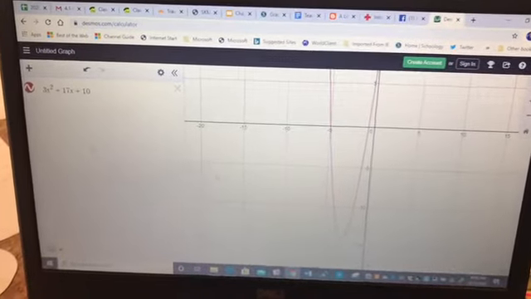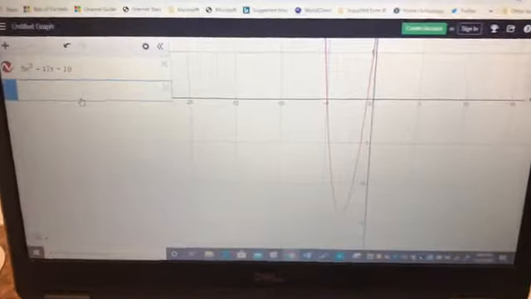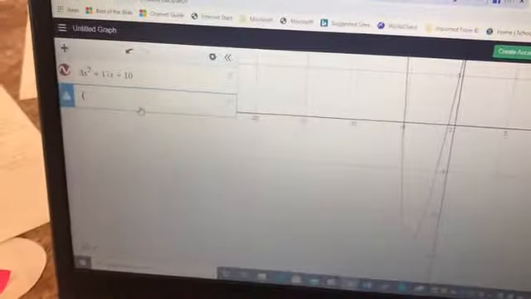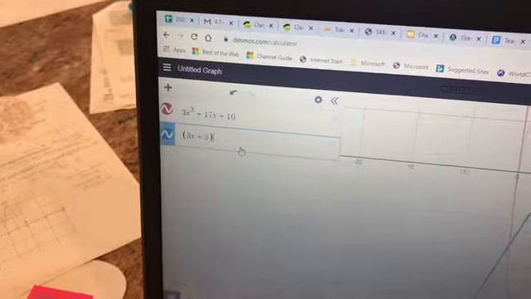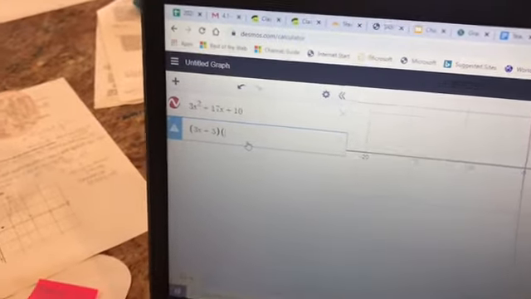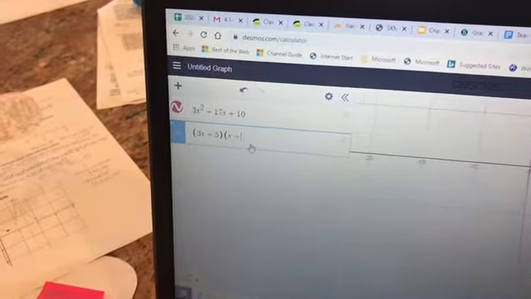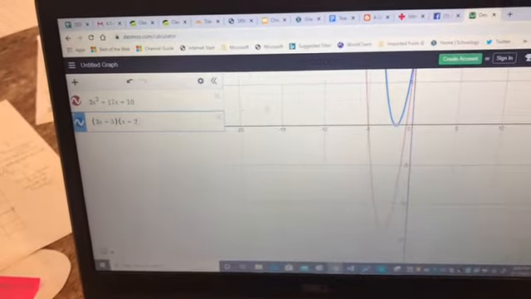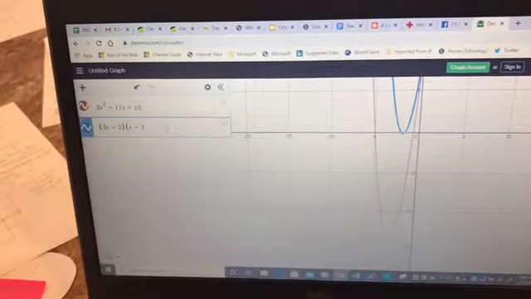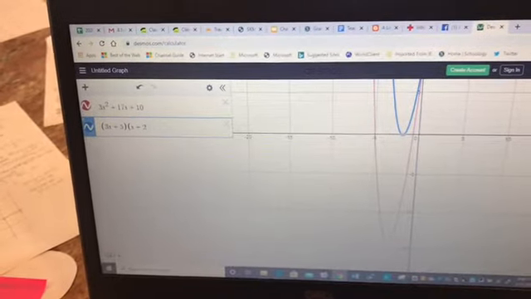But if you have the answer in factored form, you can type in parentheses 3x plus 5, close the parentheses, and then put another set of parentheses and do x plus 2. I see a parabola, but do you guys agree those are not the same parabolas? That should tell me it's wrong. If I was doing my homework, I would know my answer's wrong, I better keep trying.